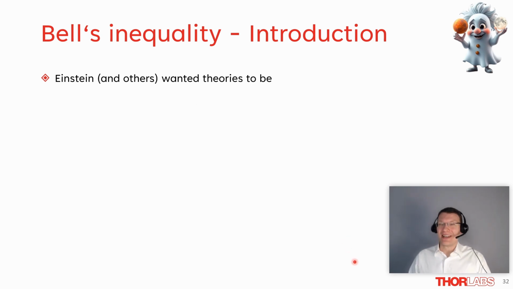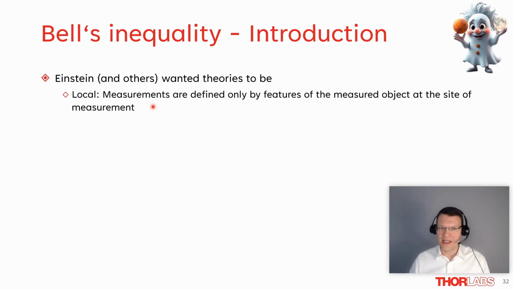Okay, now crucially, Einstein and others had really big problems with this instantaneous aspect of it, because they felt like a proper physical theory should have two very basic things. First of all, it should be local, meaning that if I measure a specific object at a specific site, then the outcome of the measurement has to be defined by the features of that object at that site, and not of another object somewhere on Mars.